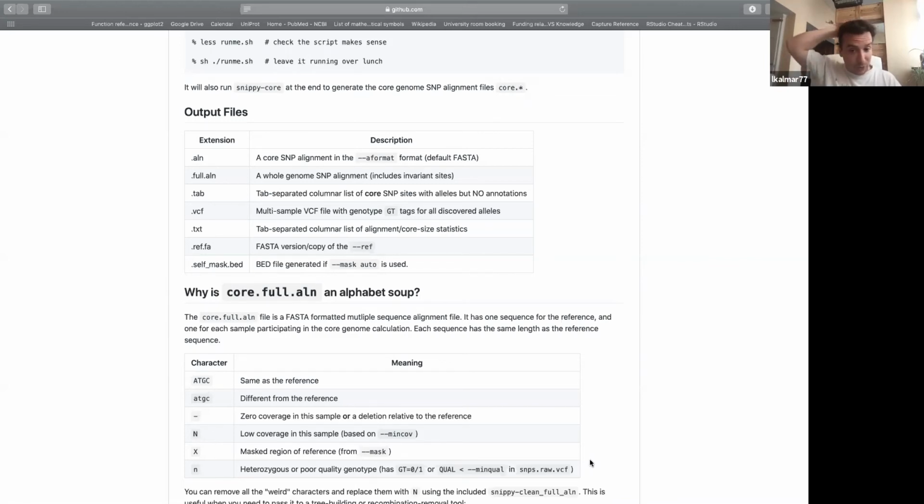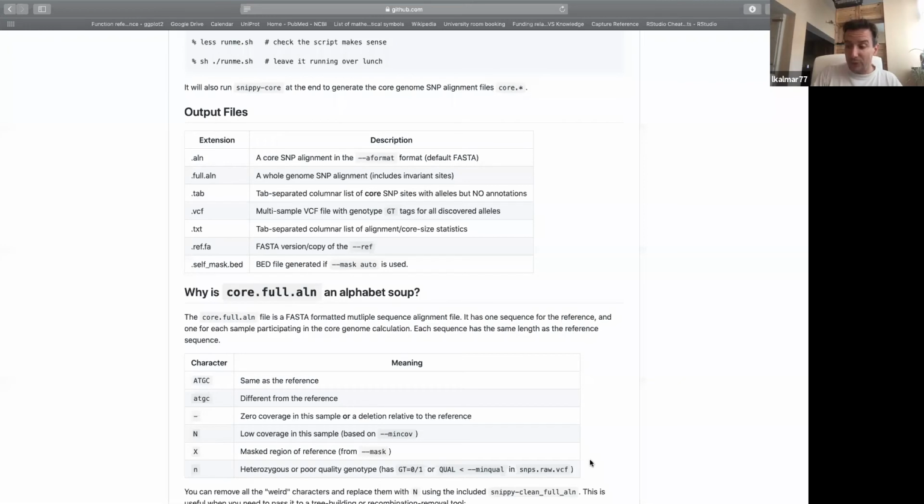You can also follow the mutation rate in very high detail. That's also extremely good with the whole genome SNP alignment. So you can really define a mutation rate: X number of SNPs per Y number of replications.